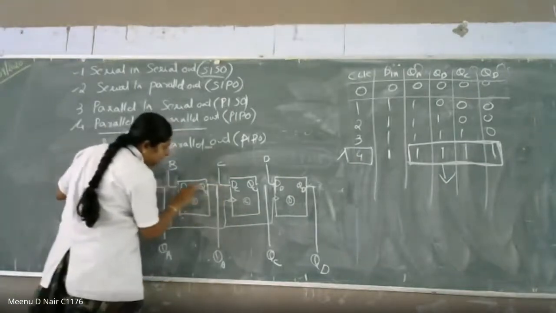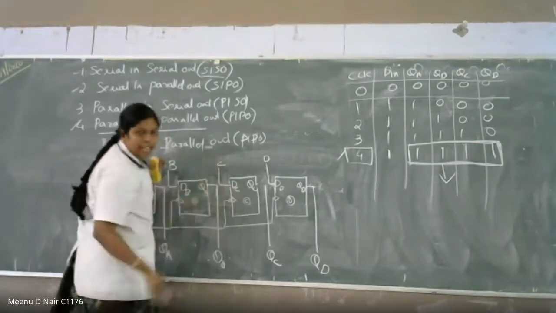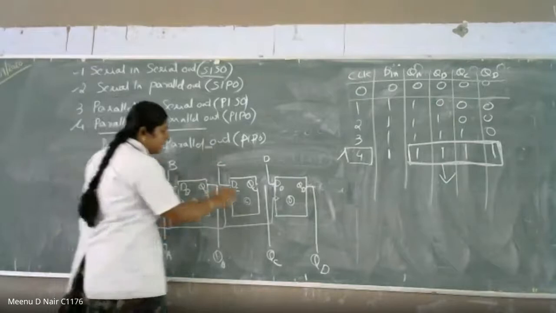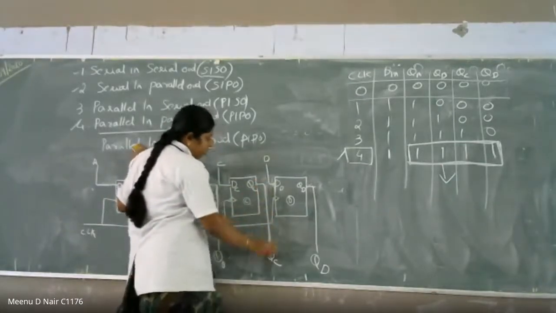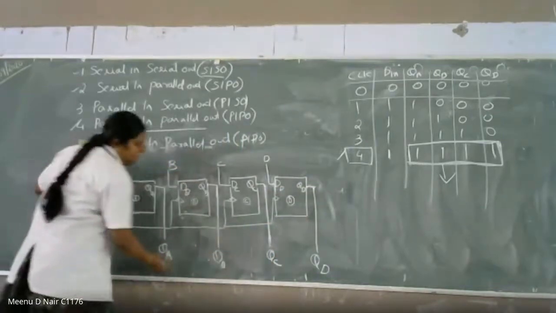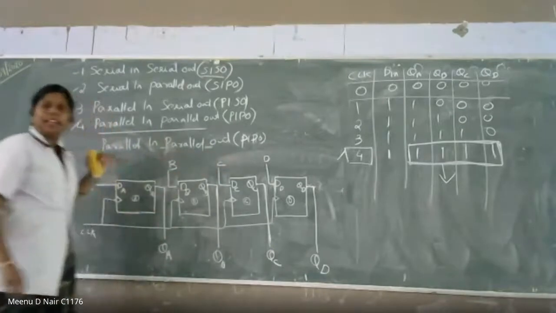There is no connection from QB to DC; DC is given a separate external input. All these are out data, and A, B, C, D are your in data.